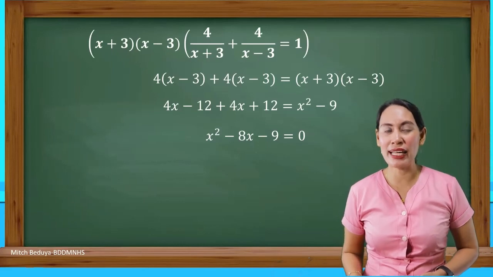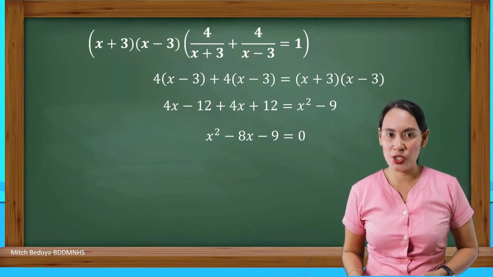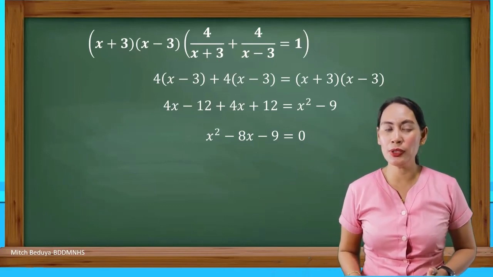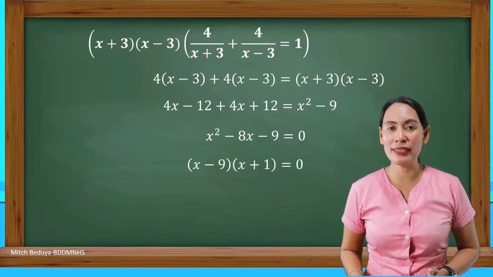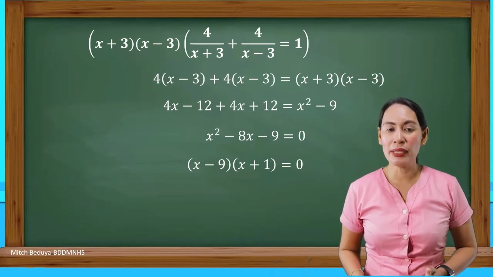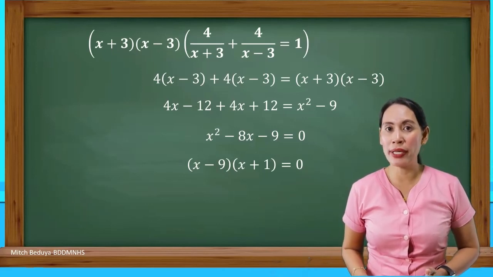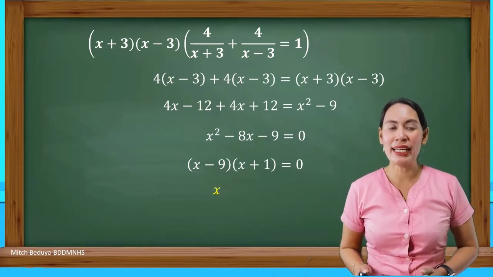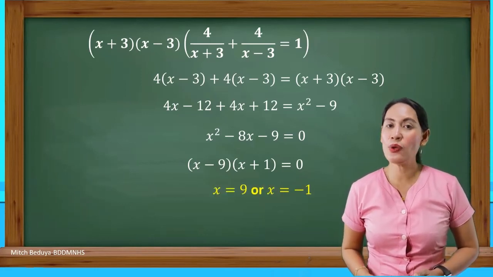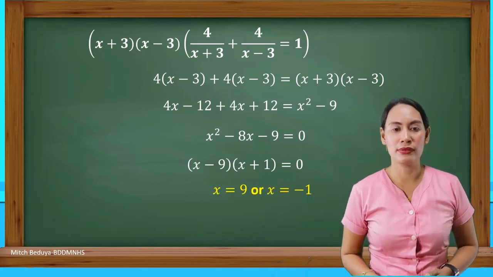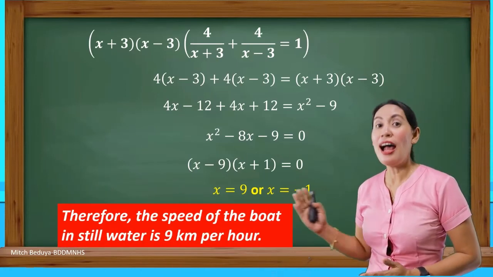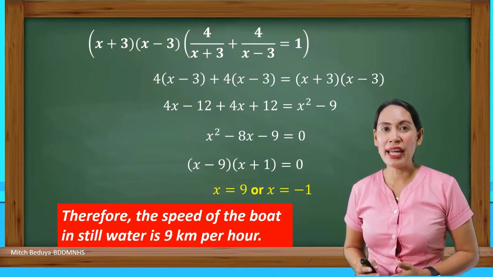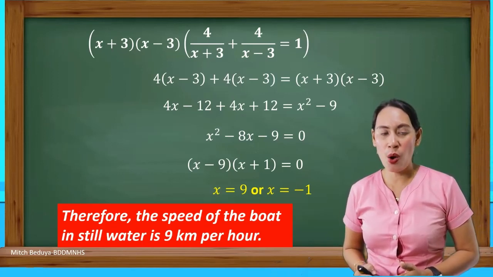This is the standard form of the equation. Then let us solve the equation. By the factoring method, we have the quantity x minus 9 times the quantity x plus 1 equals 0. x equals 9 or x equals negative 1. Therefore, the speed of the boat in still water is 9 kilometers per hour.